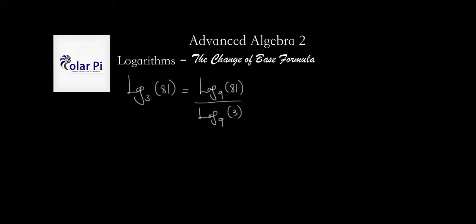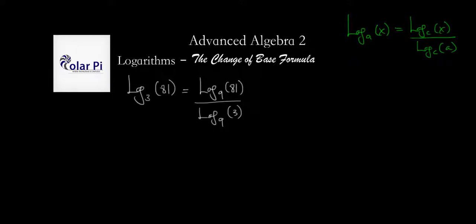I'll rewrite the formula, and that's again because we said that the formula said log base a of x is equal to log base c of x divided by log base c of a. And that's all I did here.